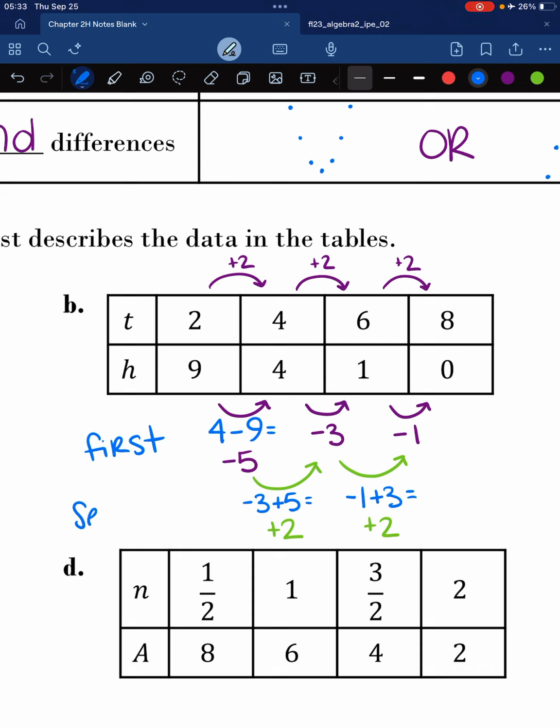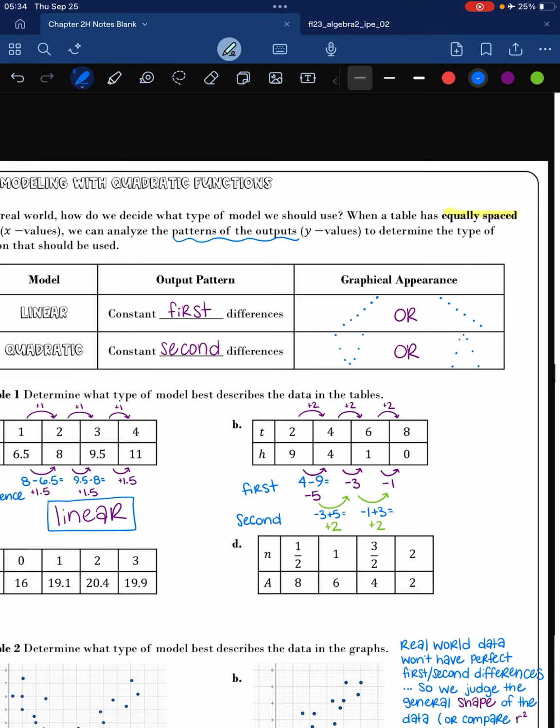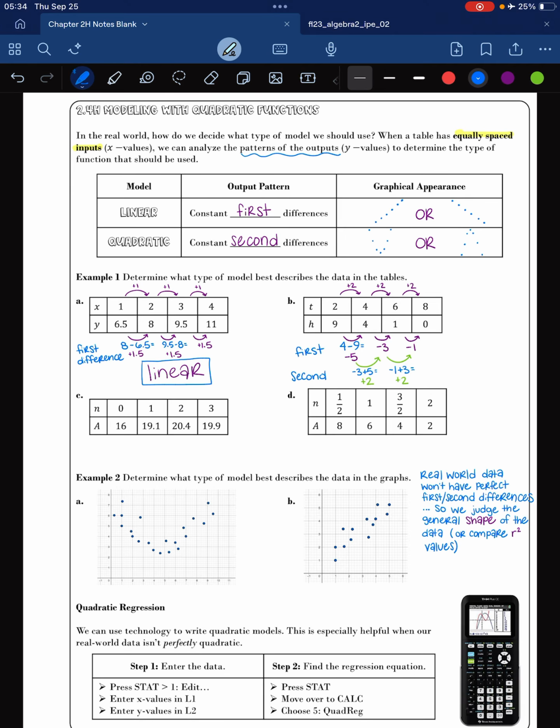Look at that. These are my second differences, because I did a second round of finding the difference between each of those output values. Since it's the same, we consider that a constant second difference. So I can tell that this table models perfectly quadratic data.